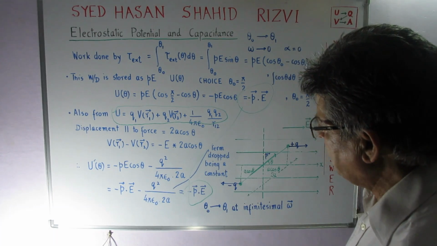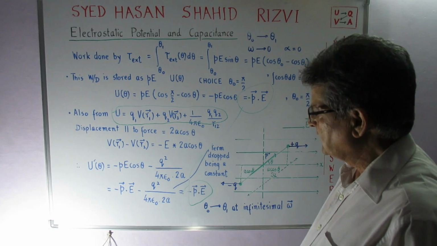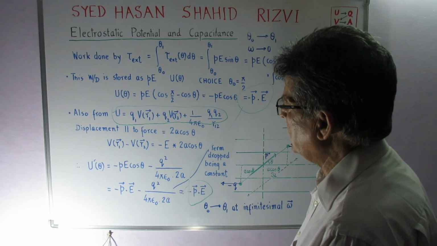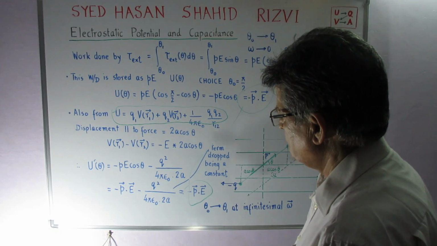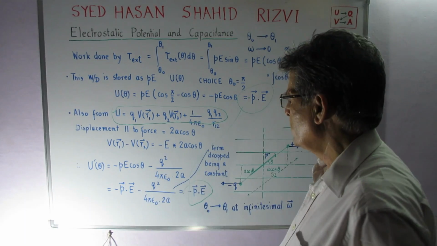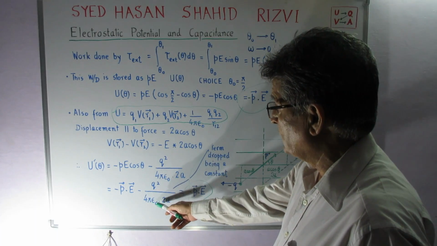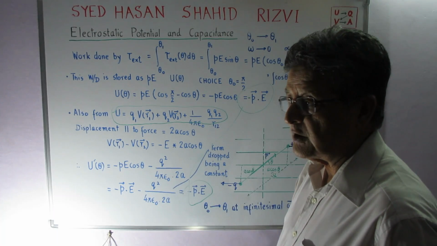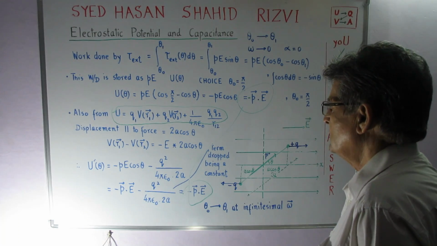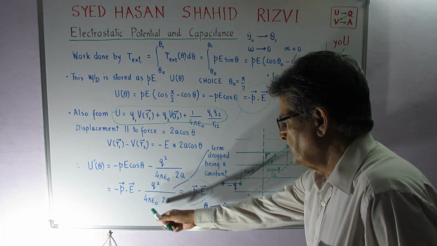Now for whatever we have for the dipole, Q square is a constant, 2a is a constant, and 1 upon 4 pi epsilon naught is also a constant. Always remember that the value of 1 upon 4 pi epsilon naught is equal to 9 into 10 to the power 9 in the units that we have, and this is a constant.